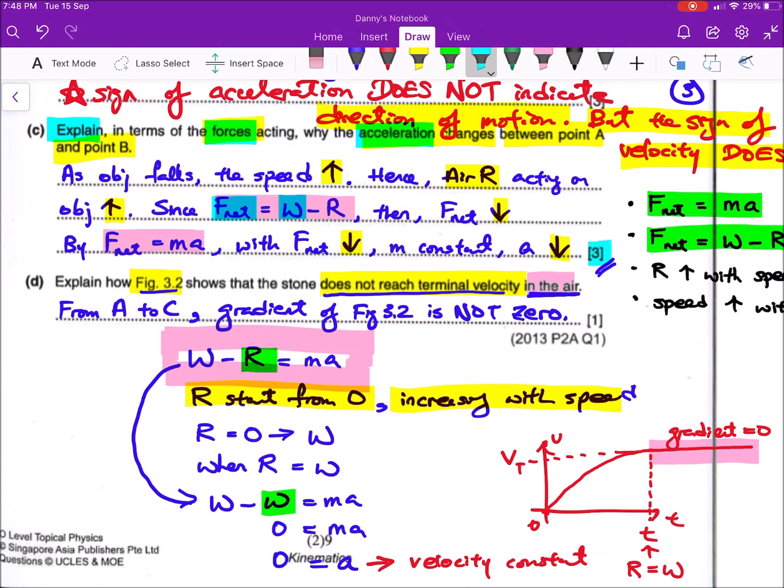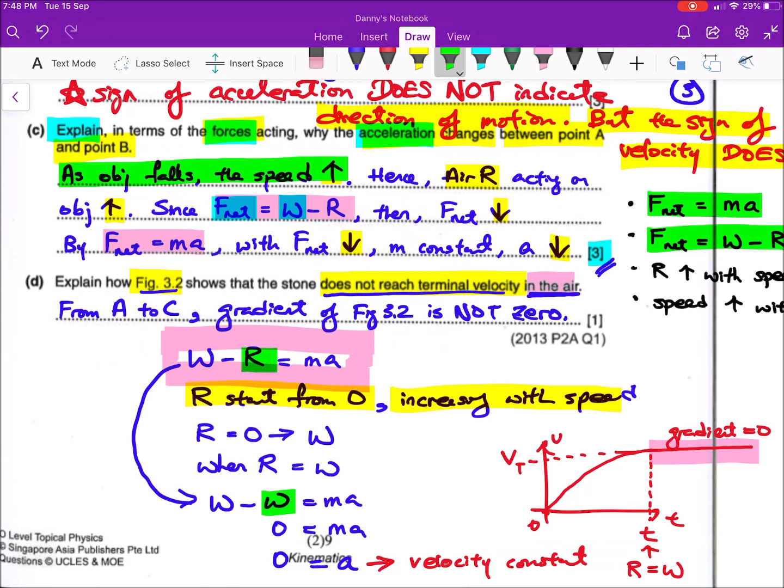If you do enough TYS, you will notice that Cambridge has to recycle questions because the syllabus is very small. So basically, how do we explain changes in acceleration using force? Let's use this question to recap. First, I need to talk about the object changing speed.